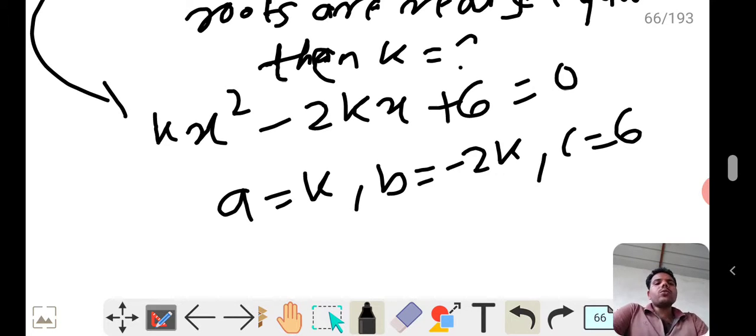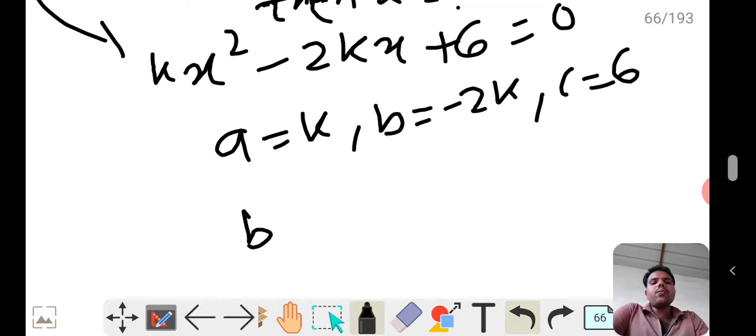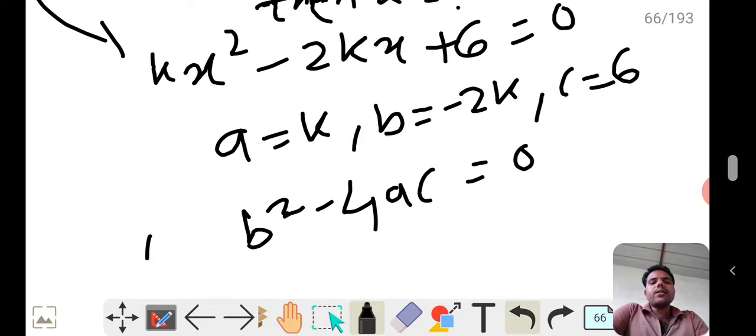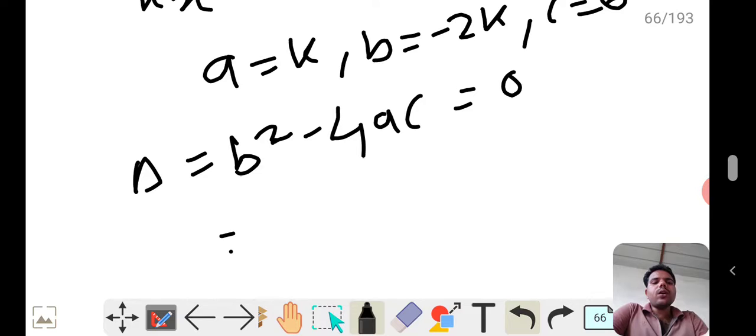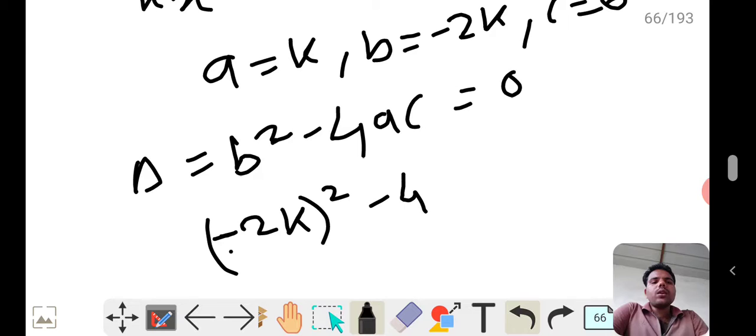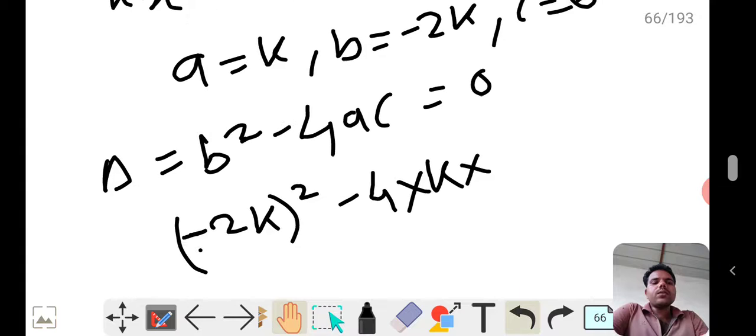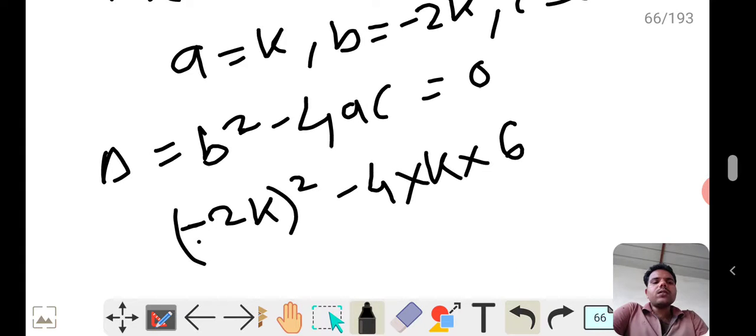For roots real and equal, we know that the value of b square minus 4ac is equal to 0, that is delta is equal to 0. So by putting the values, b square is minus 2k square, minus 4 into a is k into c is 6, is equal to 0.